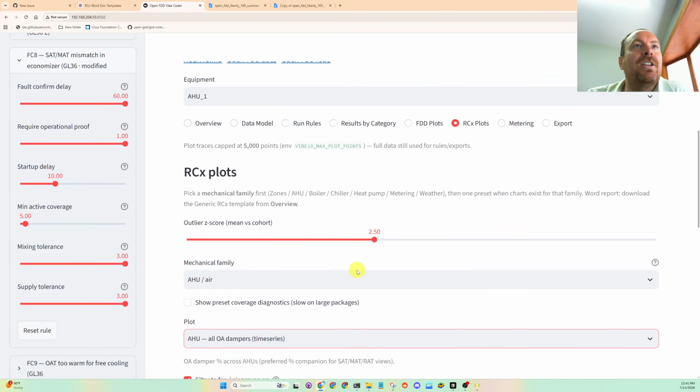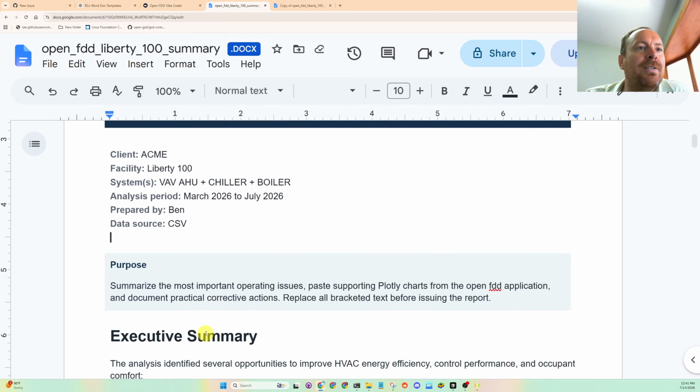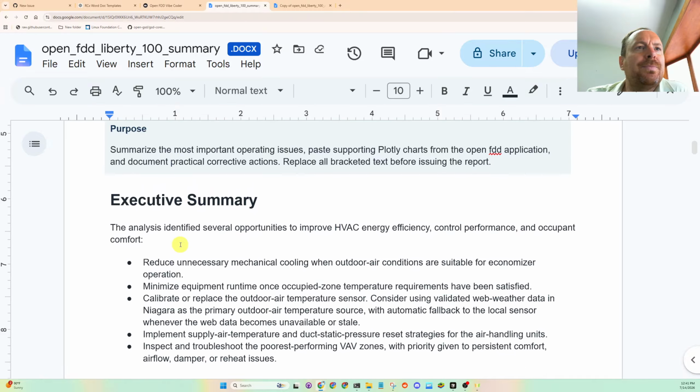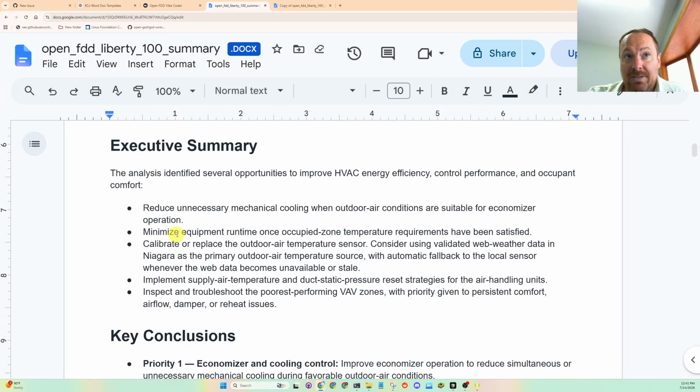So okay, where were we? I started a very generic report. This is what I'm going off of: reduce unnecessary mechanical cooling when outside air conditions are suitable for economizer operation, and minimize equipment runtime once occupied zone temperature requirements have been satisfied.